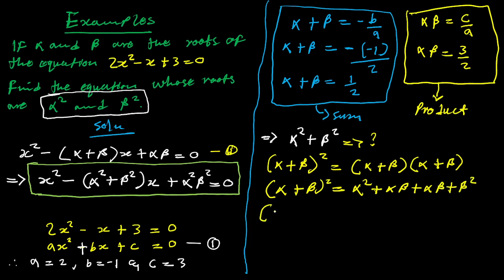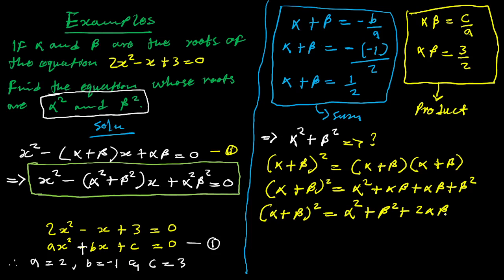Alpha plus beta all squared is simply equal to alpha squared, and then beta squared, and then this one plus that one is 2 alpha beta. My target is to have alpha squared plus beta squared, so I'm going to take the 2 alpha beta to the other side.